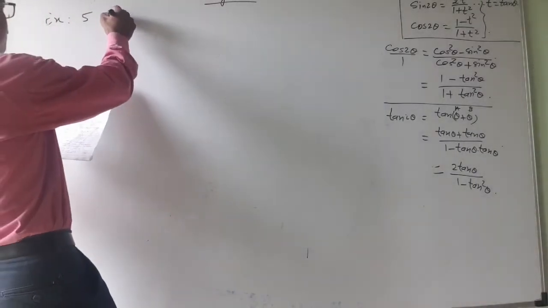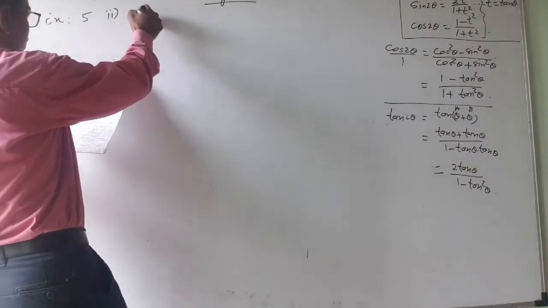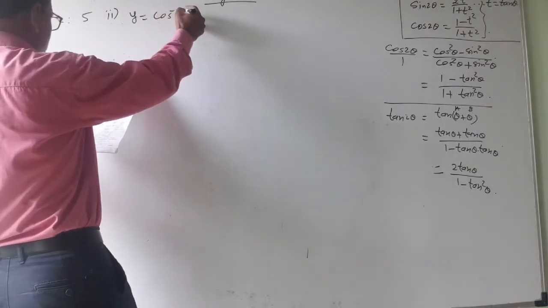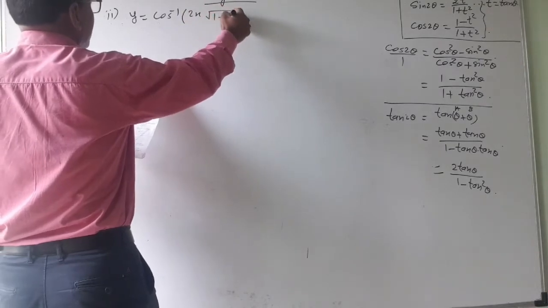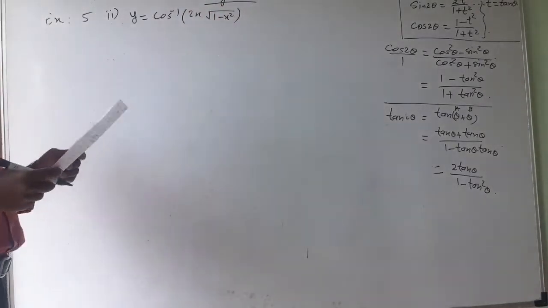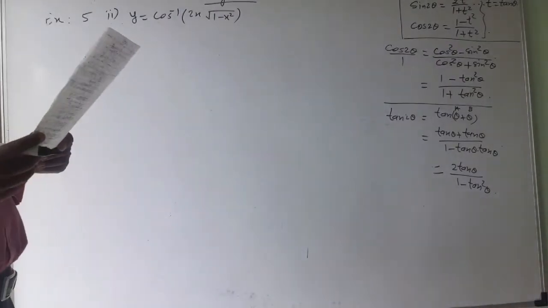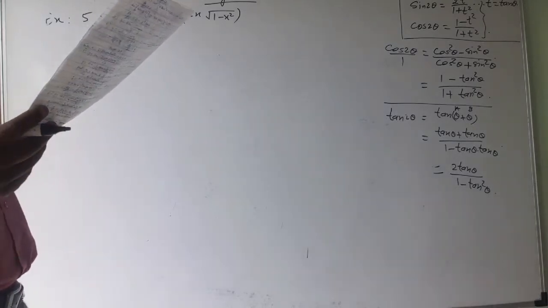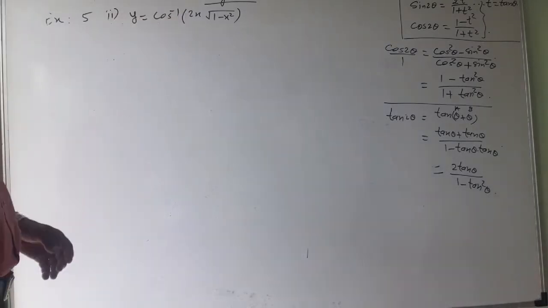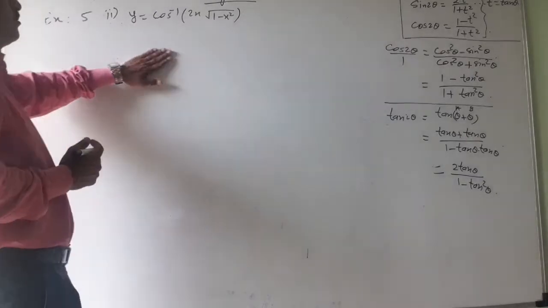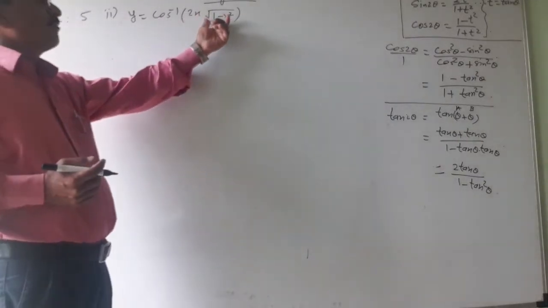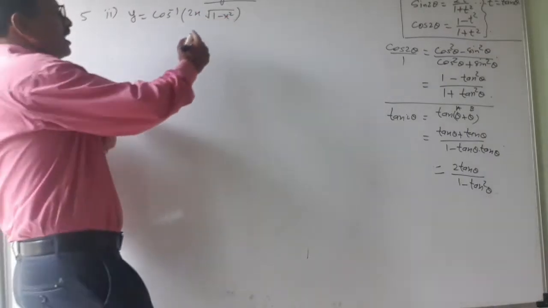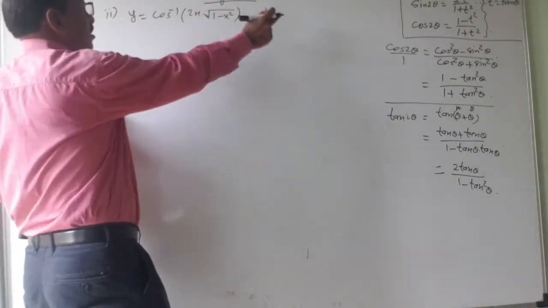Second one, I am directly writing: y is equal to cos inverse of 2x into under root of 1 minus x square. I think in the earlier video I might have solved this, but let me solve it once again because this is an important sum. I have always told you that this root is always the trouble. How to remove the root?